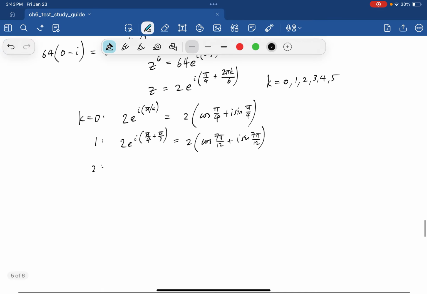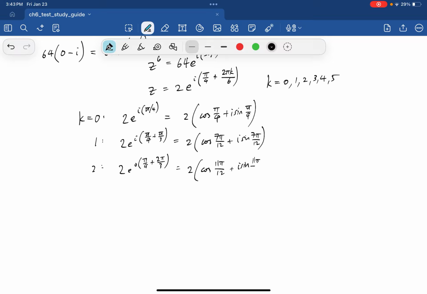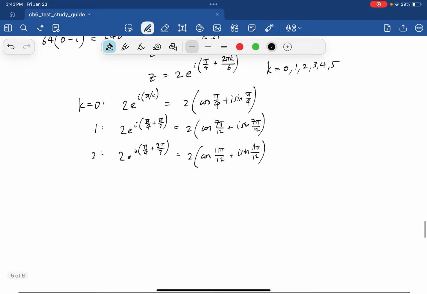or 2. I'm going to have 2 pi over 3 now, which is going to give me 11 pi over 12. We have pi over 4 plus just pi.